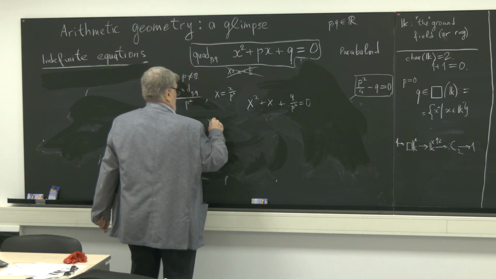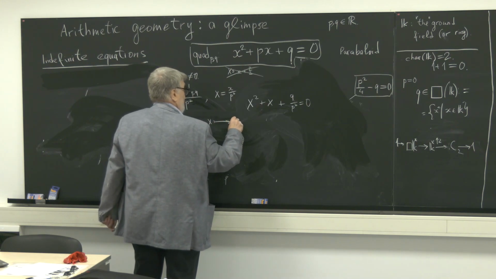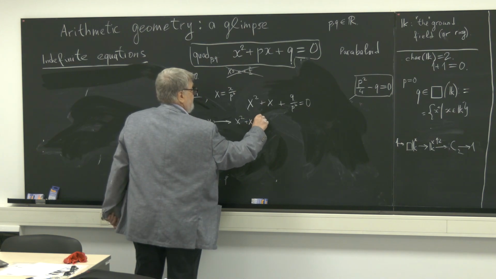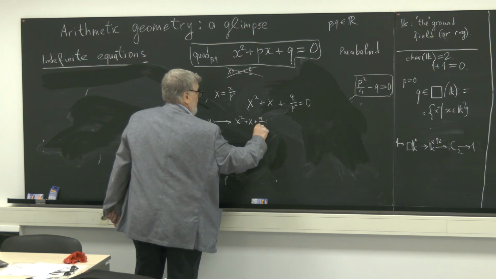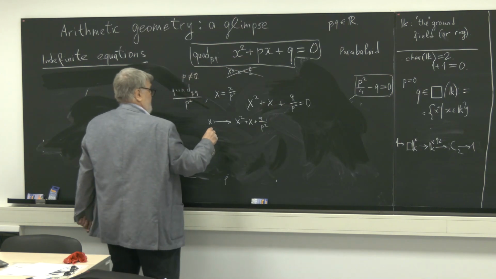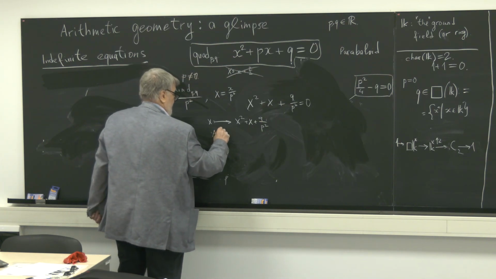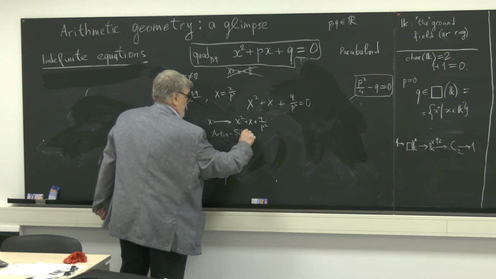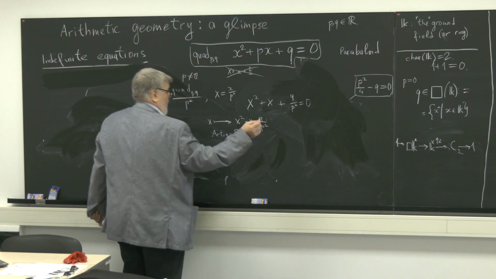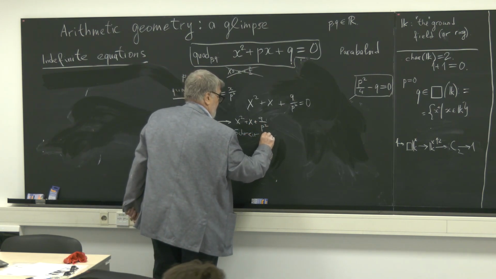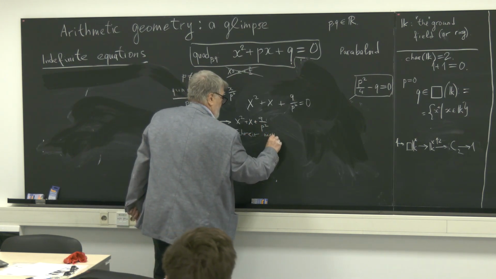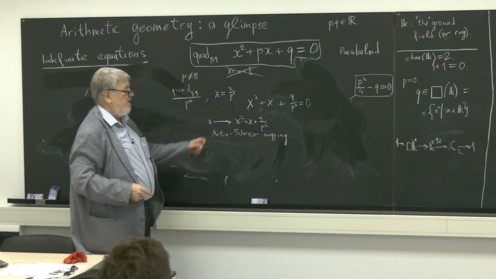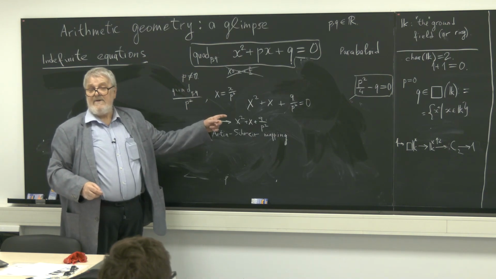So we come to a rather peculiar object, that is called Artin-Schreier mapping, because there is some exotic thing about it.